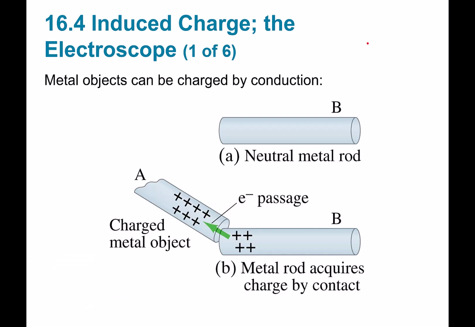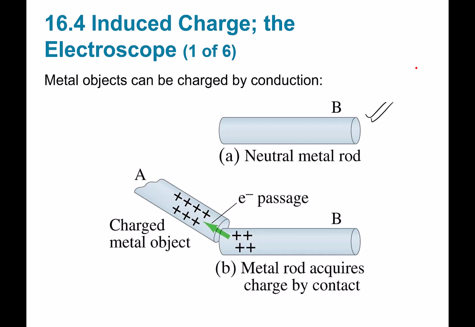When a metal rod is sitting idle, it is neutral. But when we charge the metal object, either by rubbing or by bringing it close to a charged object, the metal acquires the charge by contact.